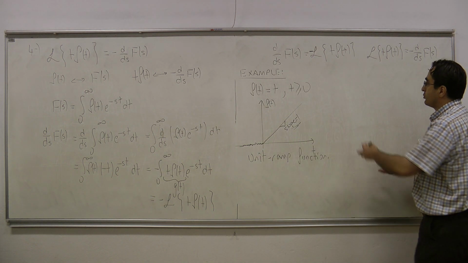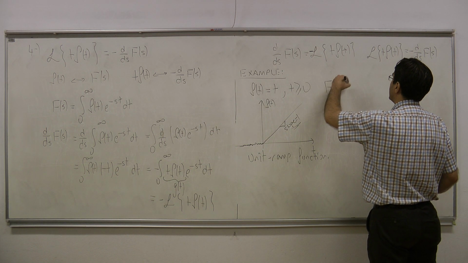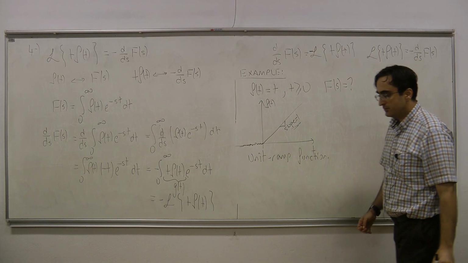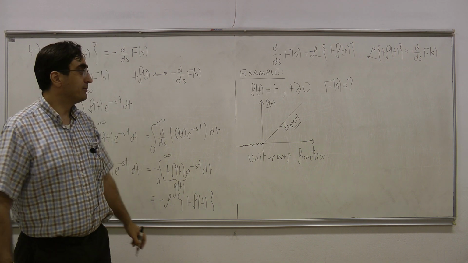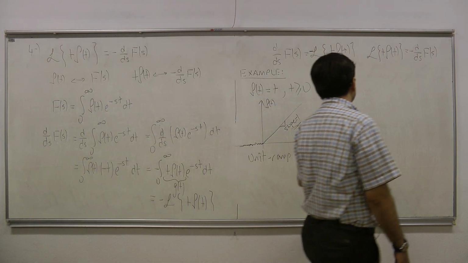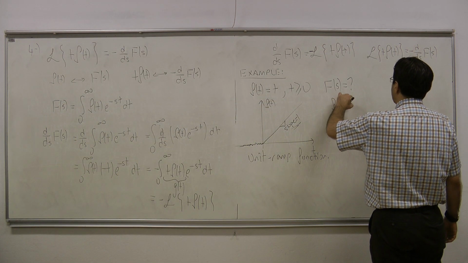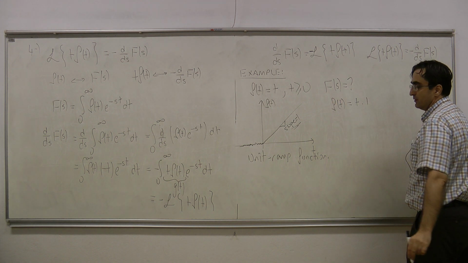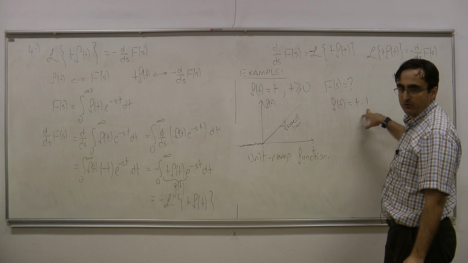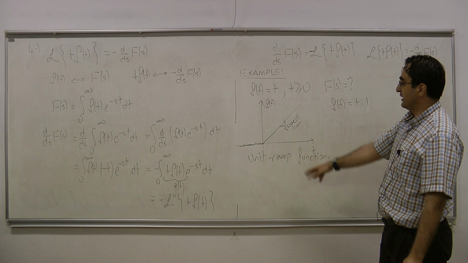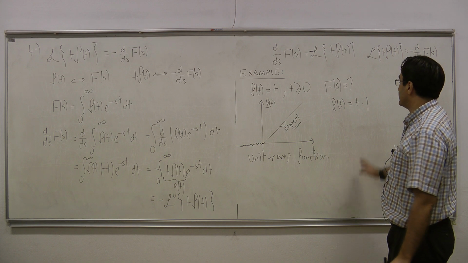So here the question is, what is the Laplace transformation of this thing? By using this property, it's really not very difficult. Here, this f of t, as you see, is t times 1. So I multiply the unit step function with t to obtain the unit ramp function.